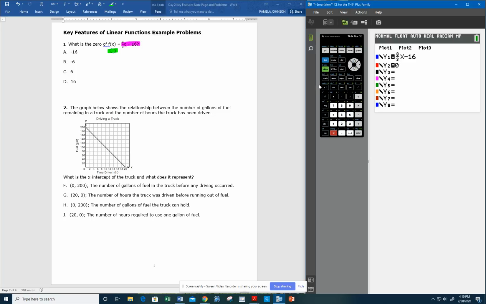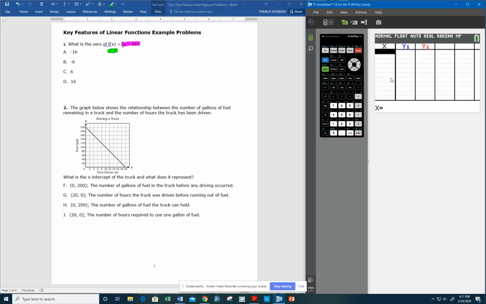Okay, because I have x values over here, I can do the second window and change my independent to ask, so that I'm just looking at those specific x values. When I look at my table, it's going to be an empty table. I'm going to type in those x values. So -16, -6, 6, and 16.